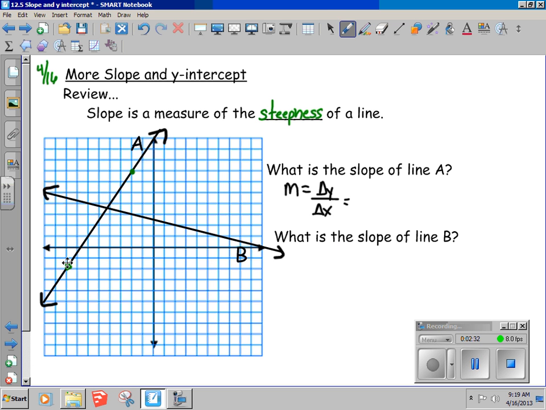You've got to count the change in y from one of them to the other. So it's 1, 2, 3, 4, 5, 6, 7, 8, 9. Okay, is that a +9 or a -9, Mason? Positive 9. Good, so put +9 over there by the change in y.